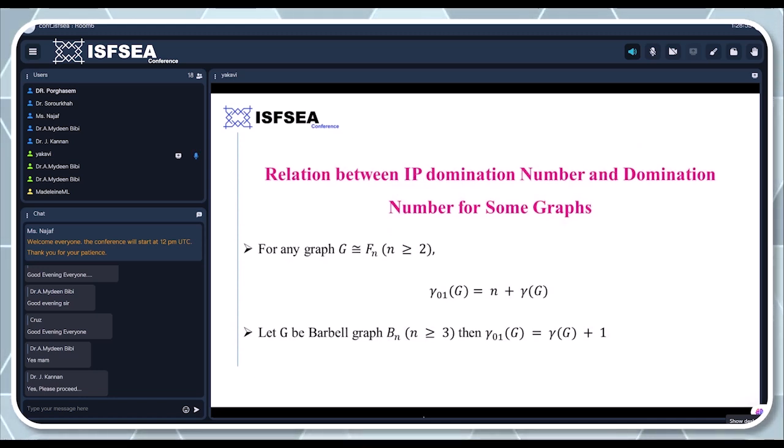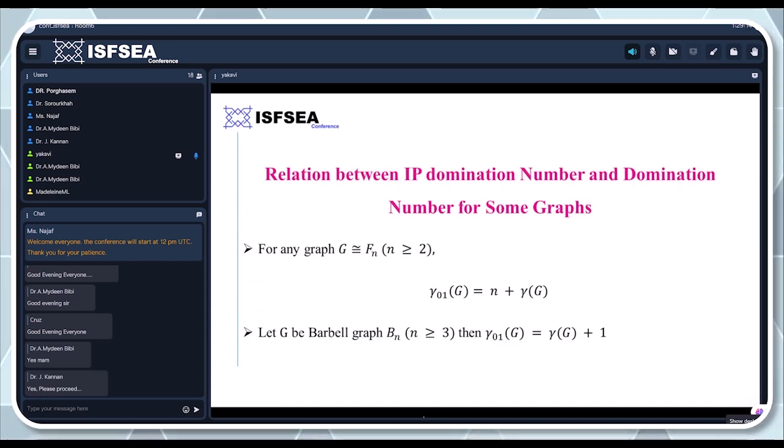If the domination number is added with the number of vertices in the graph G, it equals the IP domination number of G. And also, if you add 1 to the domination number, we have the isolate pendant domination number.